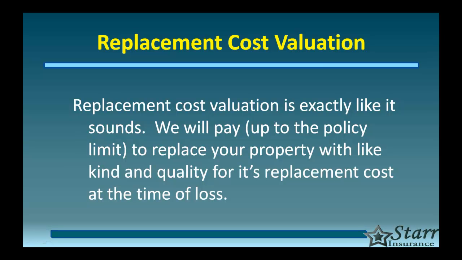Replacement cost valuation is really exactly like it sounds. The insurance company will pay up to the policy limit to replace your property with like kind and quality for its replacement cost at the time of loss.